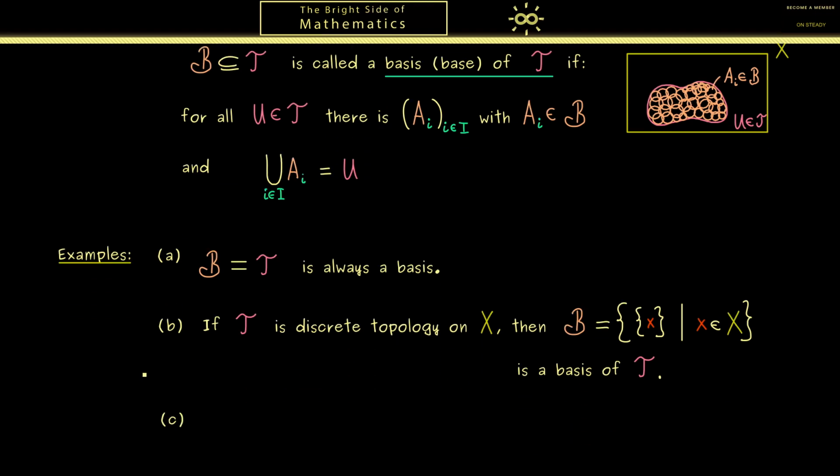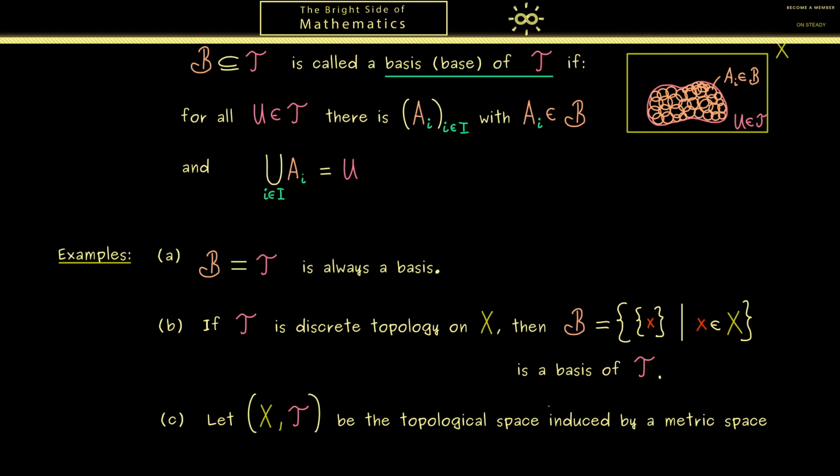Therefore now, I think we are ready for the most important example. I really think this is an important example because we already used this while working in metric spaces. Therefore here, (X, T) should be the topological space given by a metric space (X, d).